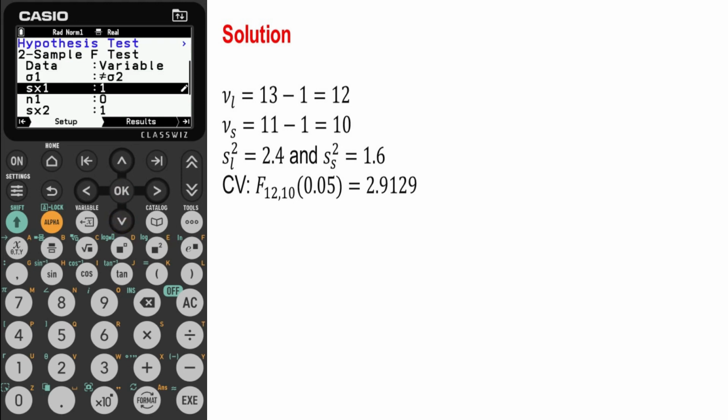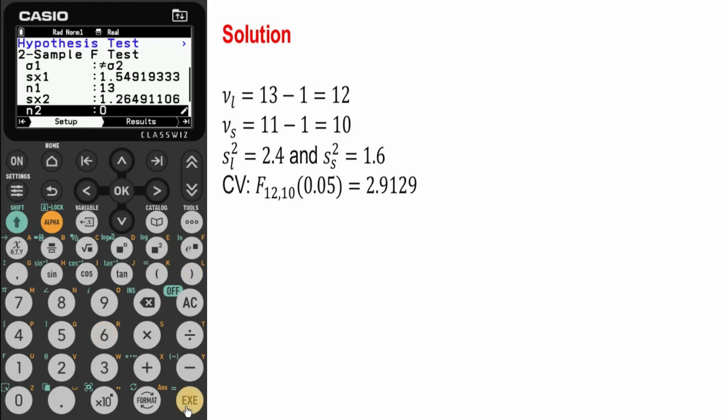SX1 is equal to the square root of 2.4. N1 is equal to 13. SX2 is equal to the square root of 1.6, and n2 is equal to 11.